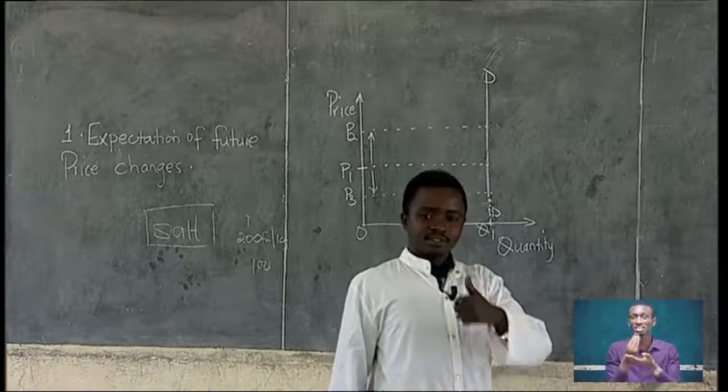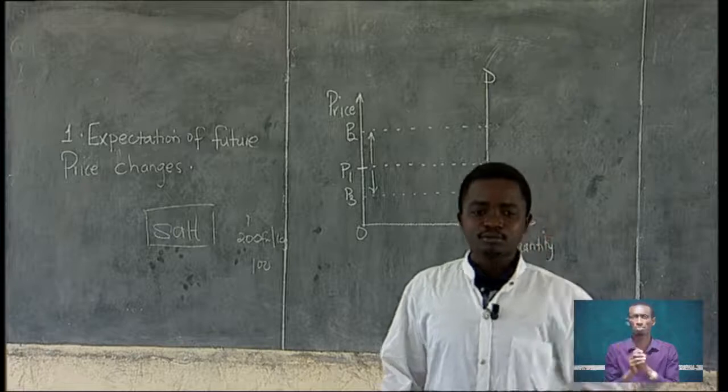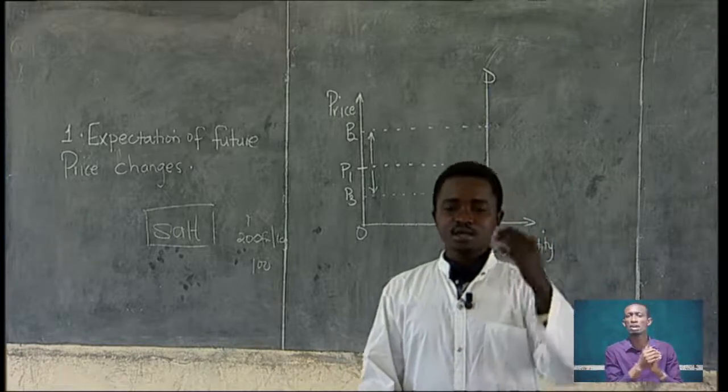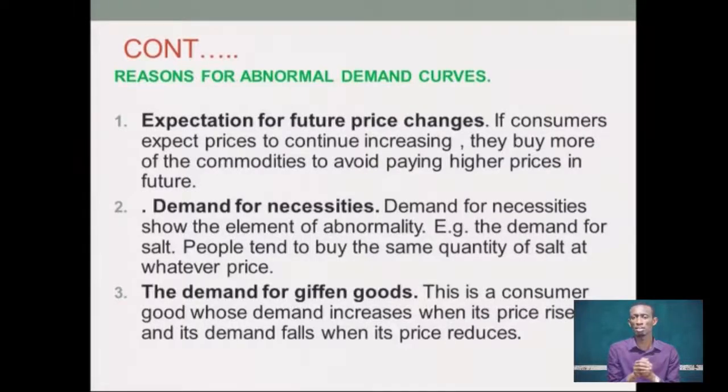So a Giffen good is a consumer good whose demand increases when its price rises, simply because when the price rises, he has no alternative, so rather than that, he continues buying the same good.